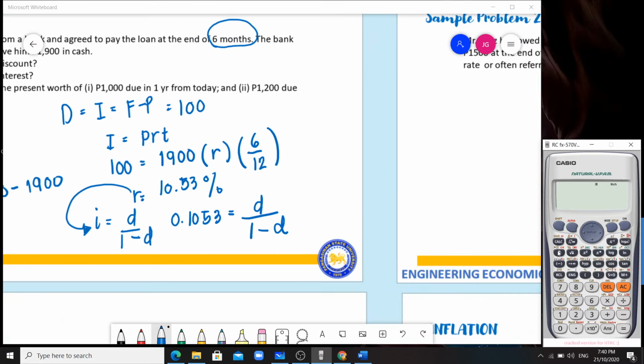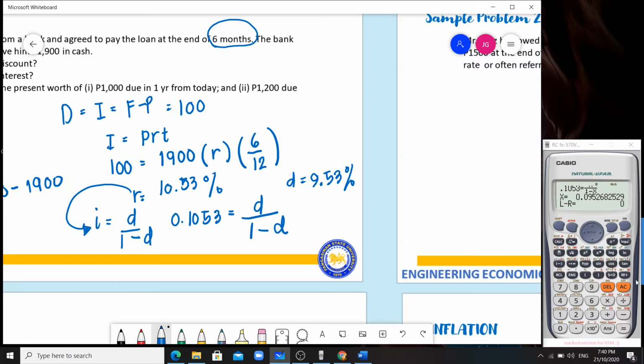So, 0.1053 equals D over 1 minus D. Shift solve. So, ang discount pala niya is 9.53%.